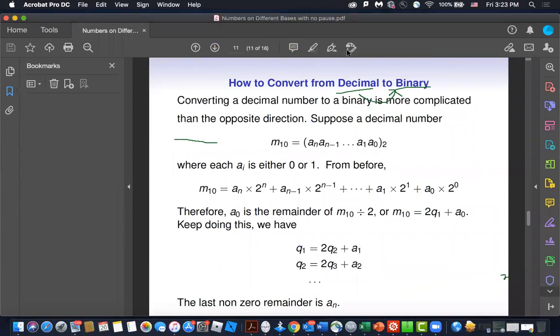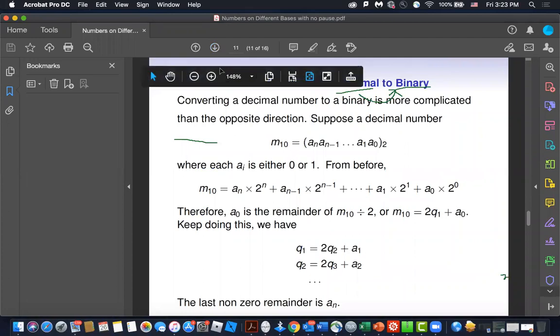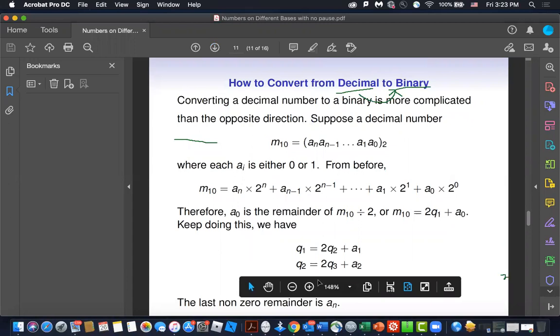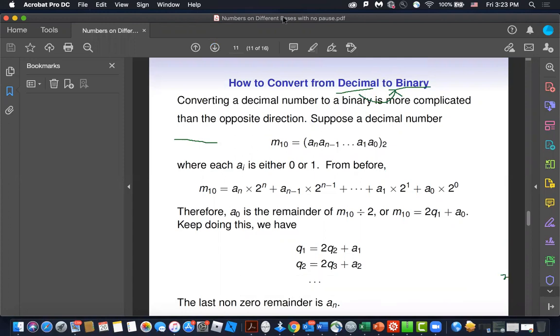Then again, we just mentioned that binary and decimal can be converted in either direction. So this time we are going to do decimal to binary. So you have a decimal number based on 10. How can we convert it back to binary?